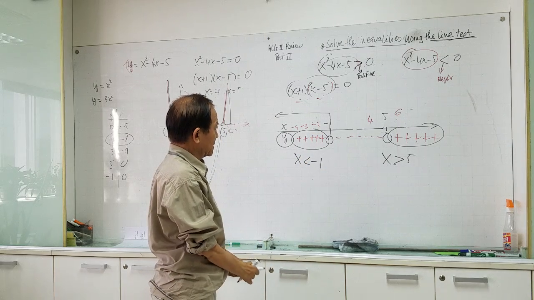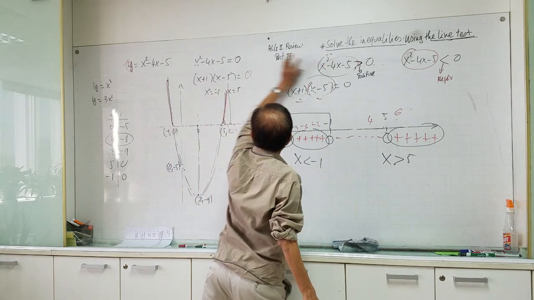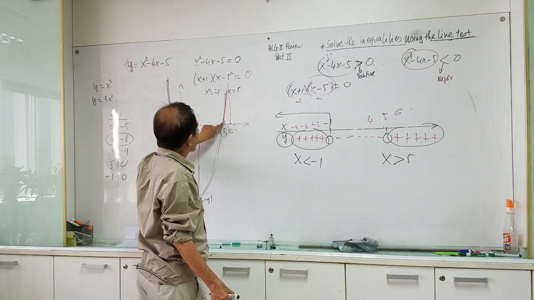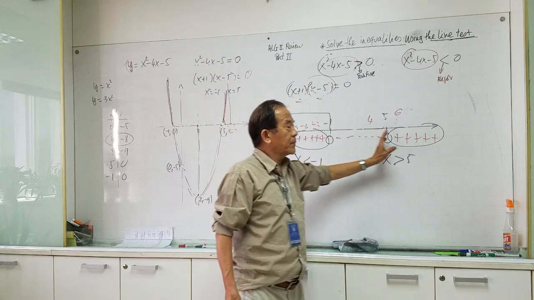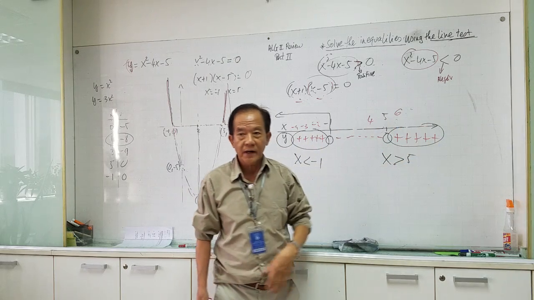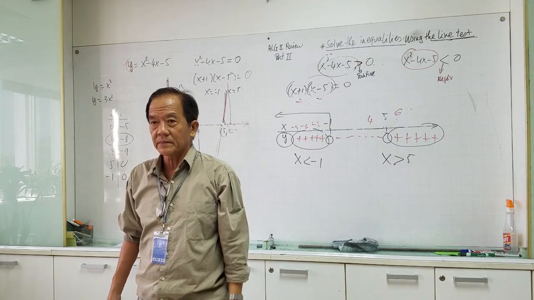Okay, that is the solution. If I get the same problem here, set equals 0, that's easy. y equals 0 at x equals 5, y equals 0 at x equals negative 1. But if you're looking for positive, x can be many different values, okay? In this case, x is greater than 5, or x is less than negative 1 to make y positive.